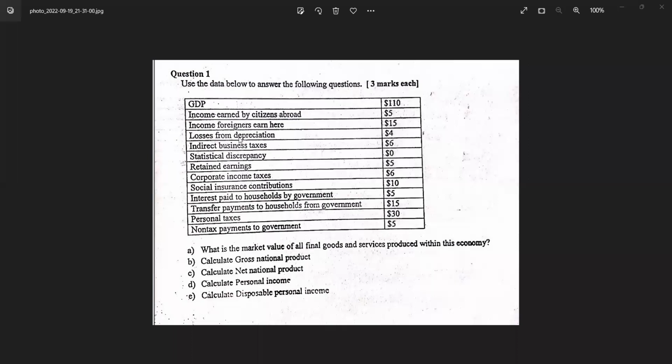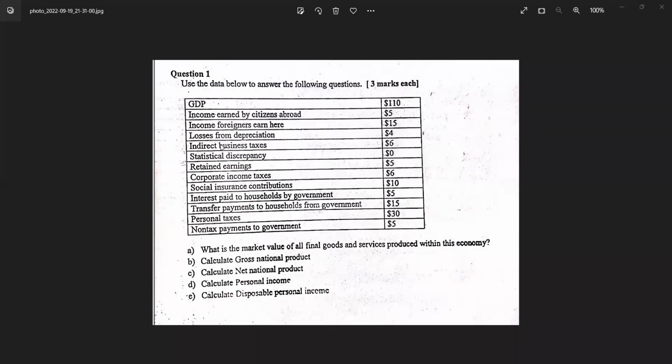I'm talking about loss from depreciation. You're talking about depreciation: wear and tear. If you buy a new machine or build a new house, it is subject to depreciation. We call something indirect business taxes. They are taxes that are charged not on the company, but on some items that you produce in the company. So if you have a sachet water producing company, they can charge per each bottle.